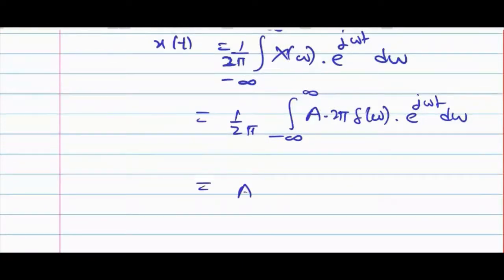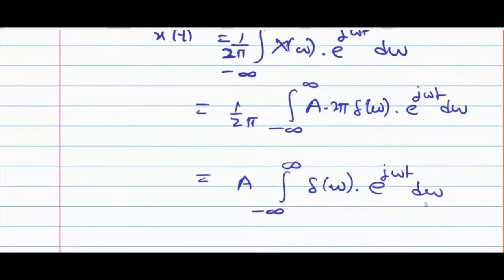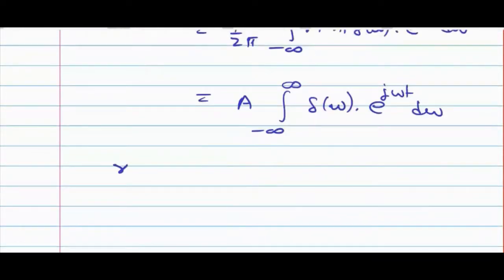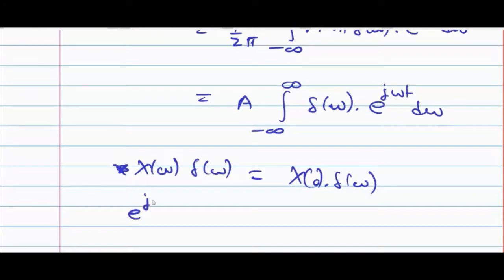So this becomes A into integration minus infinity to infinity delta omega into e raised to j omega t d omega. Now we know that X of omega into delta omega is equal to X of 0 into delta omega. So e raised to j omega t into delta omega: in place of omega put 0. So e raised to j into 0 into t, delta omega.